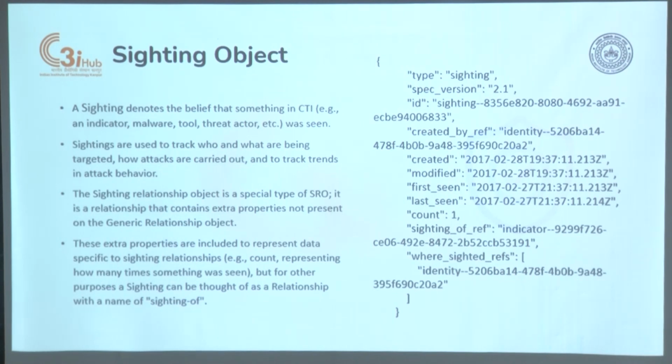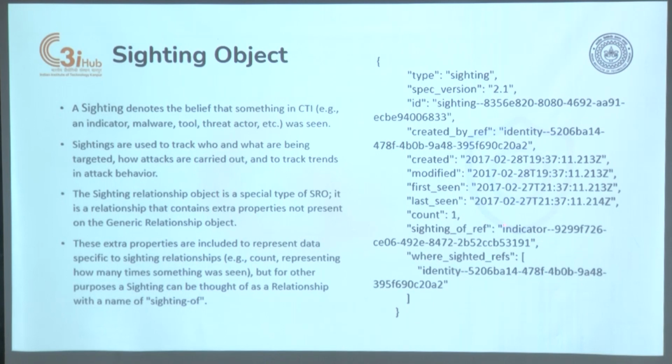There is also another kind of relationship called citing, right. So for example, I can say citing of a particular indicator and where it was cited. So identity. Maybe a particular indicator, for example an IP address, was cited in an organization. I can put that information here, and I can go and check what that indicator was.